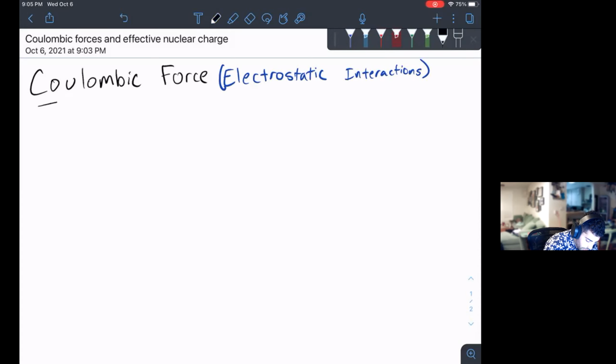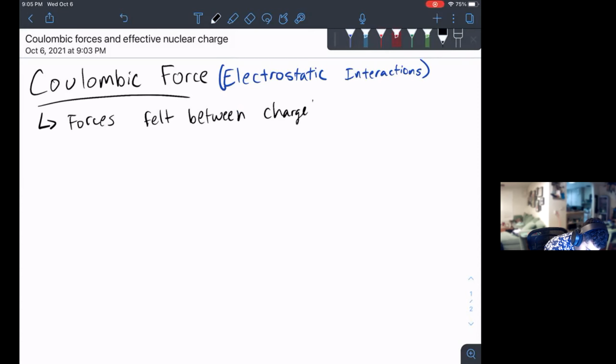So let's go into what they are. So the first thing is they are forces felt between charged particles. So any particle with a charge can have Coulombic forces.